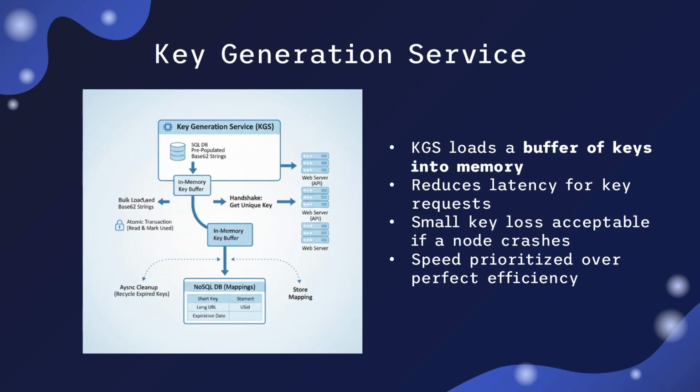To make it even faster, the key generator service can load a buffer of keys into a memory cache. If the key generator service node crashes, we lose that buffered key, but since we have 3.5 trillion of them, losing a few thousand is a tiny price to pay for the speed boost.